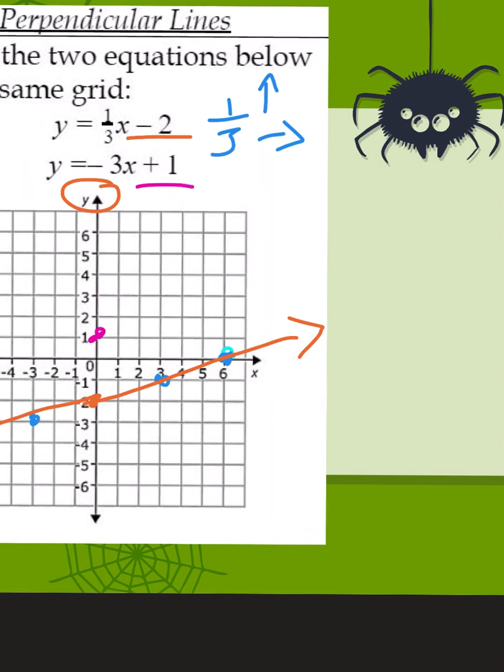And I'm going to use that slope of -3, so I'm going to turn it into a fraction. Because it's negative, do I go up or down? I'm going to go down 3 and right 1.